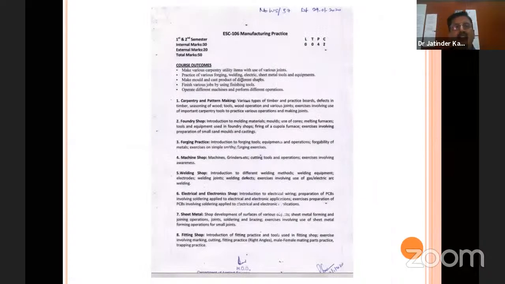So if we see the syllabus content of this manufacturing practice, a total of about 8 labs are there, right?